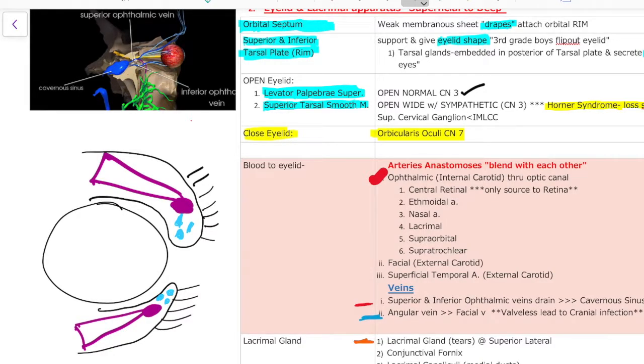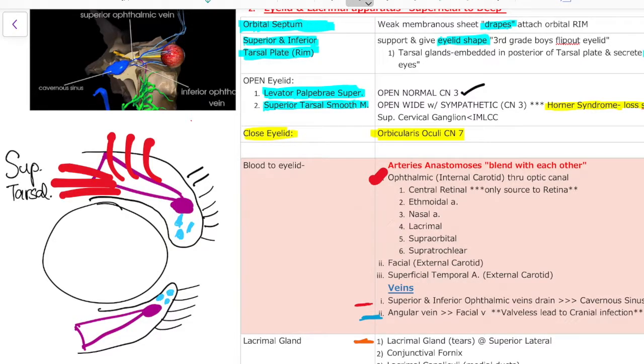We also have muscles attached into the tarsal plate, so you can have two muscles. You can have the superior tarsal muscle that provides sympathetic innervation, and then you can have the levator palpebrae superioris that will open the eye in a normal fashion.